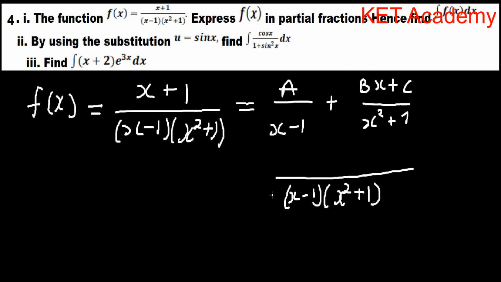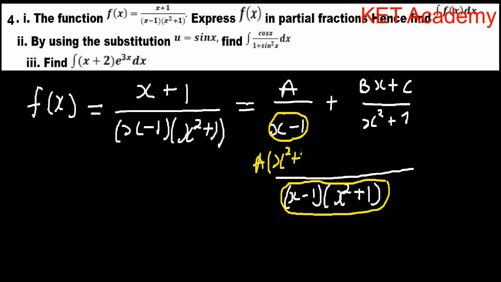Now looking at this, we need to further simplify it. So we take all of this divided by this, and if we do that, we are going to be left with x squared plus 1. Now x squared plus 1 times a simply gives us a into x squared plus 1.